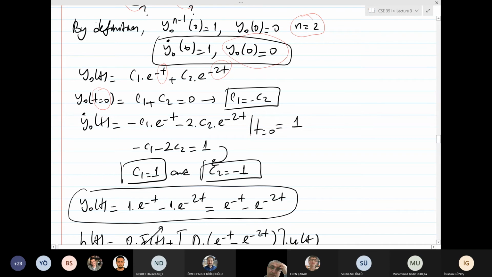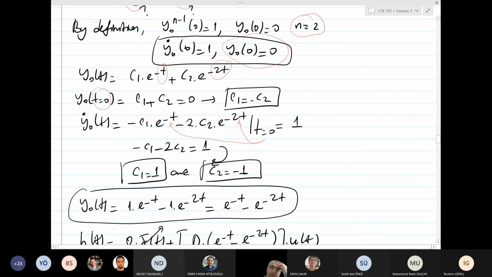And I'm going to evaluate this result when t is equal to 0. And according to the initial condition, this is going to be equal to 1. So let's plug in this 0 here. And we end up with minus C1 minus 2 C2, which is equal to 1. And by using this equation, you can solve, and we end up with C1 equal to 1, and C2 is negative of that, which is minus 1.